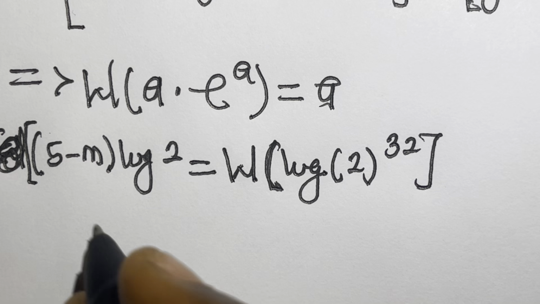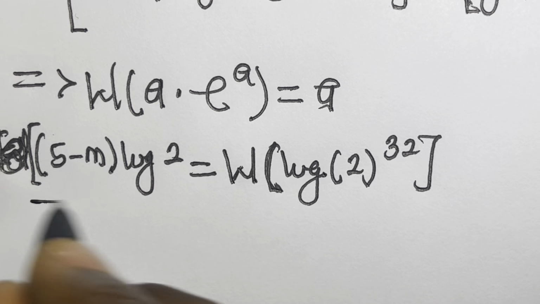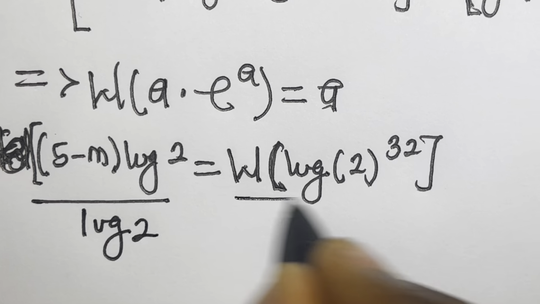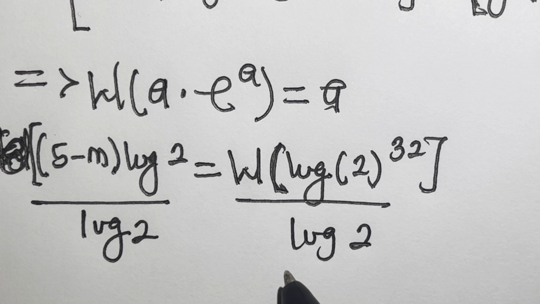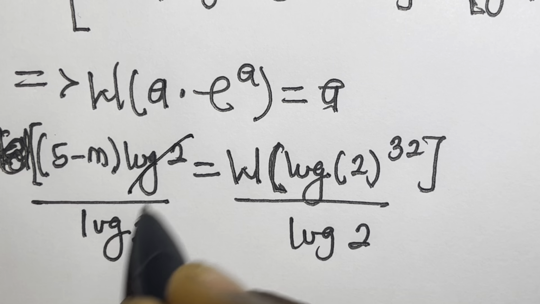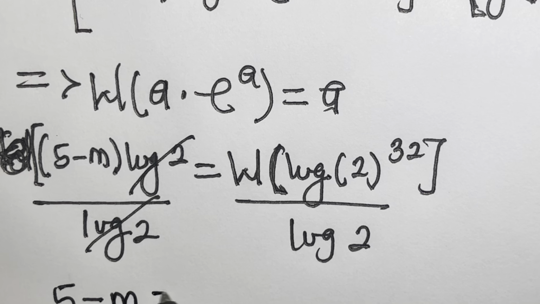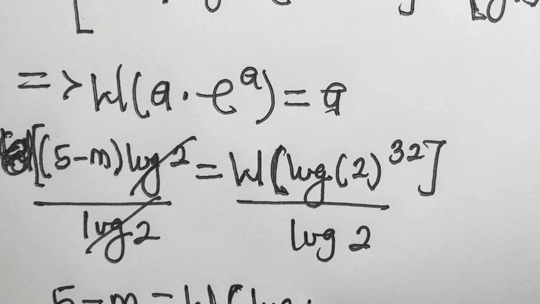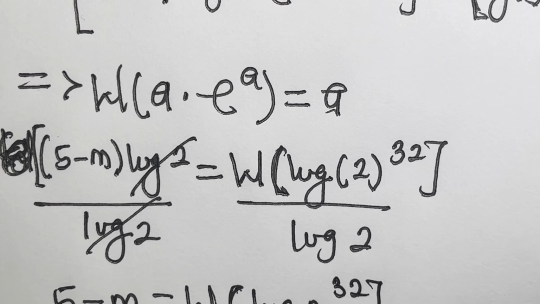Now we divide both sides by log 2, and we know that this will cancel this. So we have 5 minus m equals the Lambert function of log 2 raised to power 32 divided by log 2.